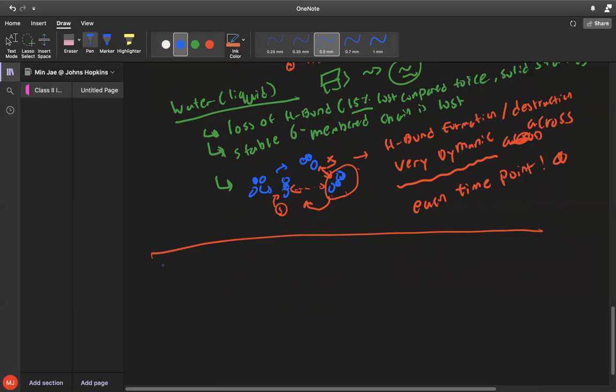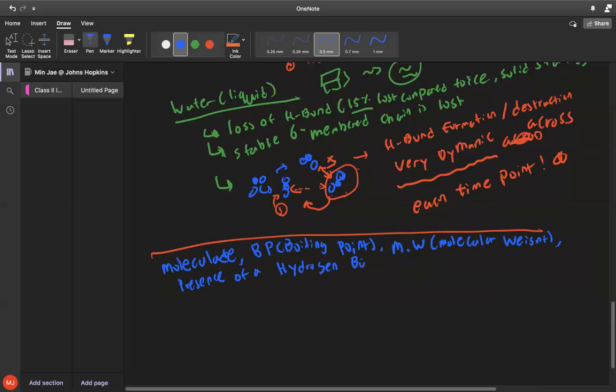So I'll make a little chart so you can do a cross comparison of what affects the boiling points: molecule, boiling point, molecular weight, and the presence of a hydrogen bond.